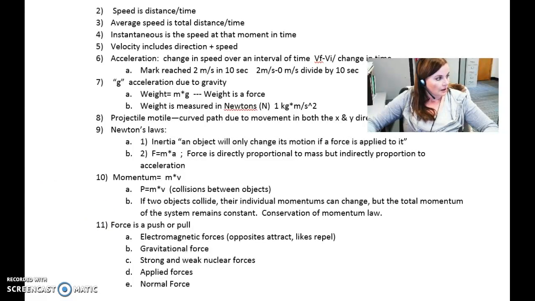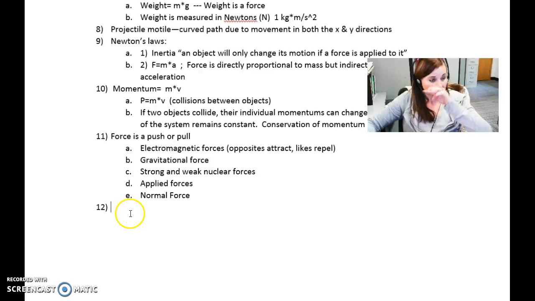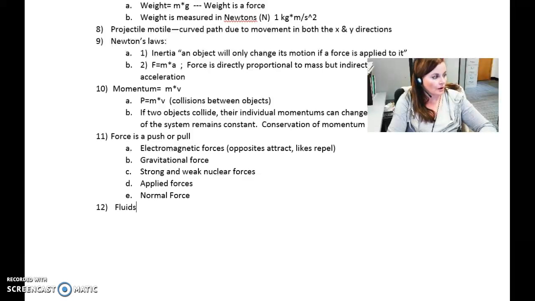Okay. So then we looked at fluids. For example, when you're looking at water, it gets higher pressure as you go down.